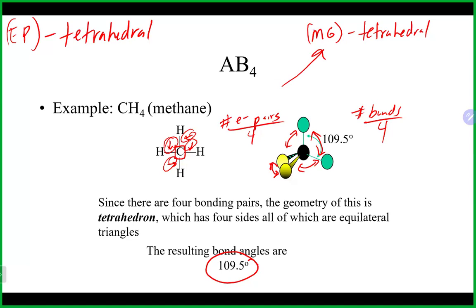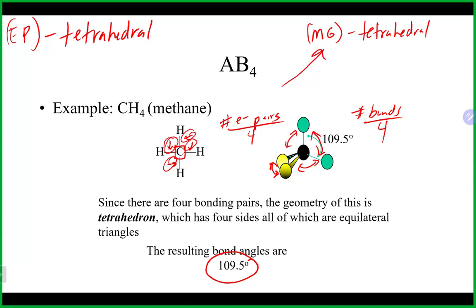That means that they do not have an atom present, and that gives all the other atoms and electrons a little bit more room and space to move a little bit further than they could if there was another atom stuck in the way. So the molecular geometry name is the only name that changes. The electron pair geometry name will still be based on how many electron pairs there are.